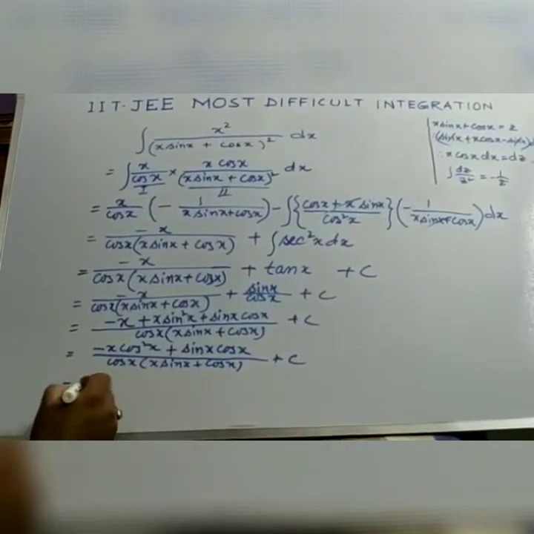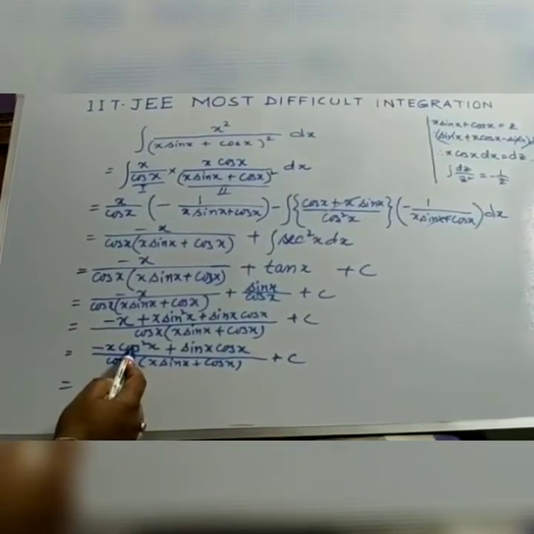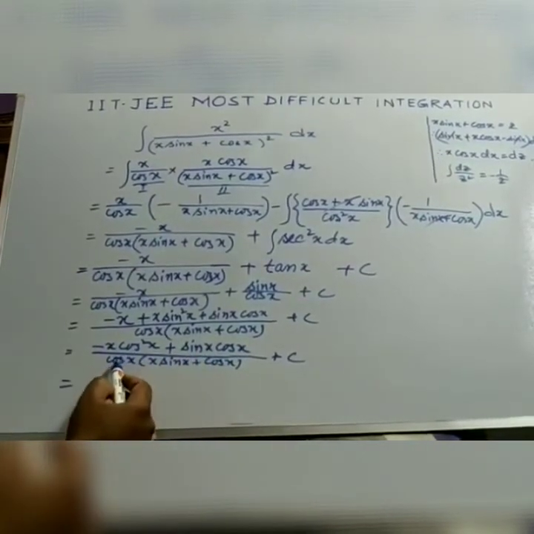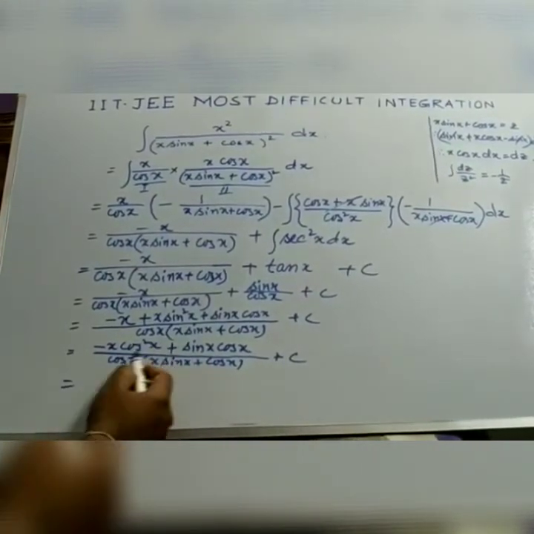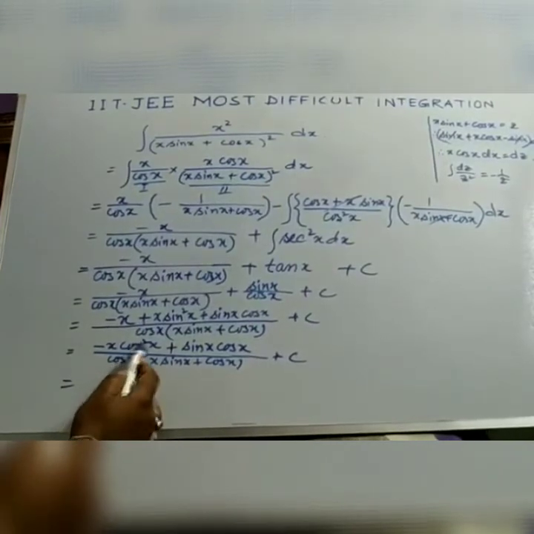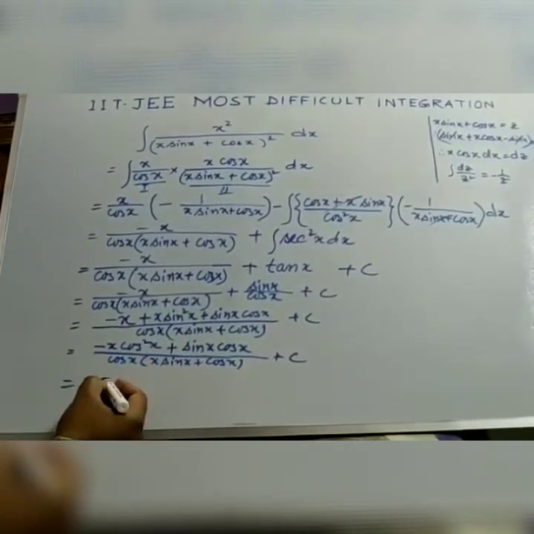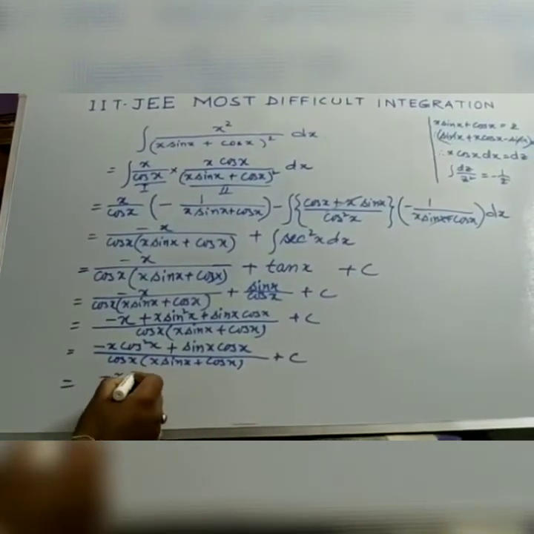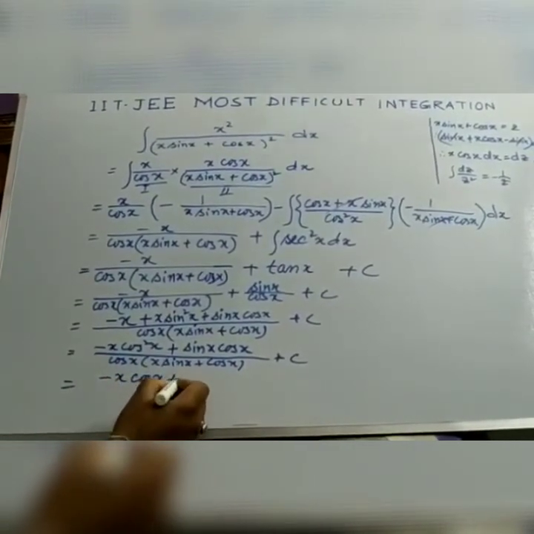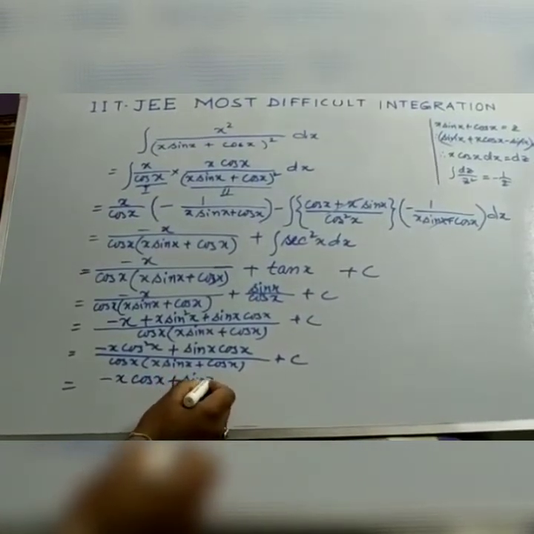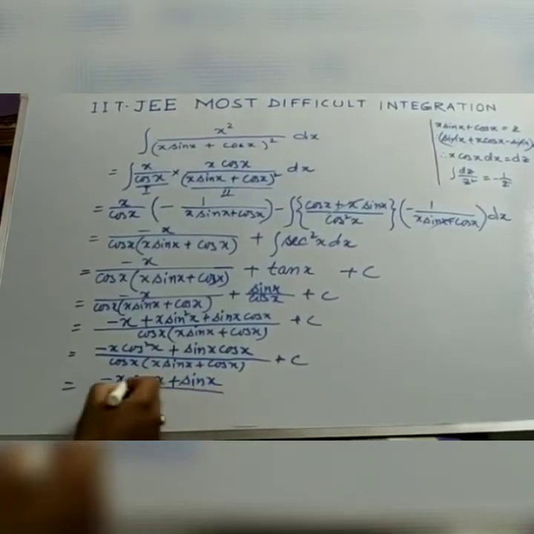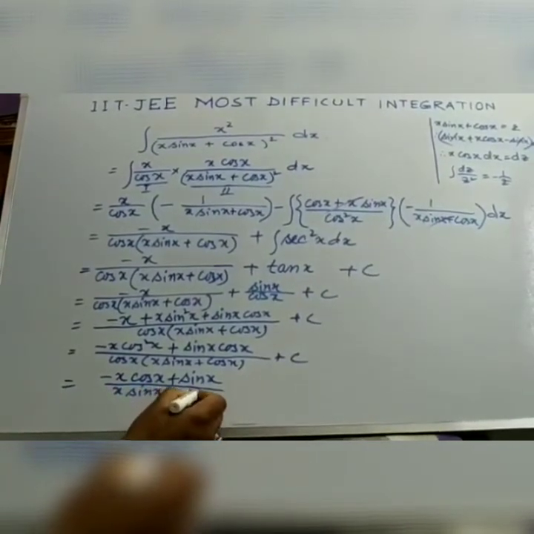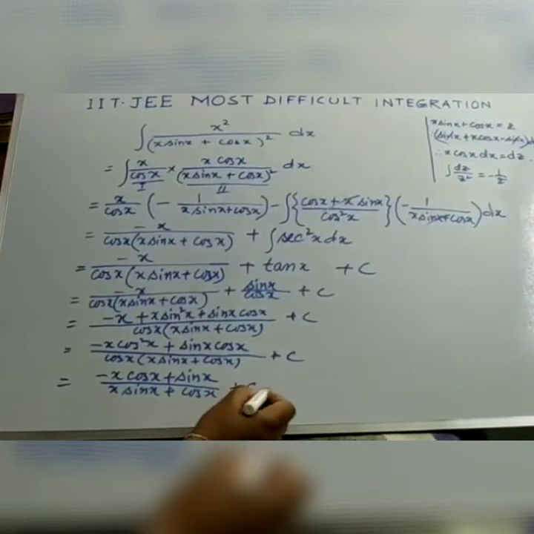Okay, if you see, if you take cos x from the numerator, that cos x will be cancelled with the denominator. So the cos x part will be cancelled from the denominator and numerator. Then it remains as minus x cos x plus sin x by x sin x plus cos x plus c.